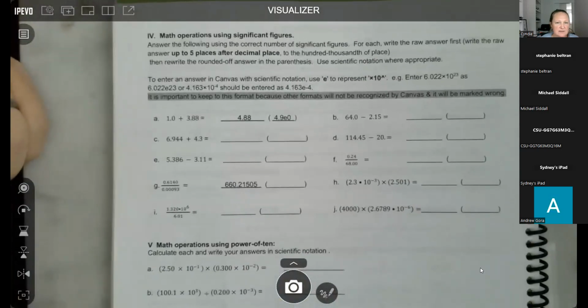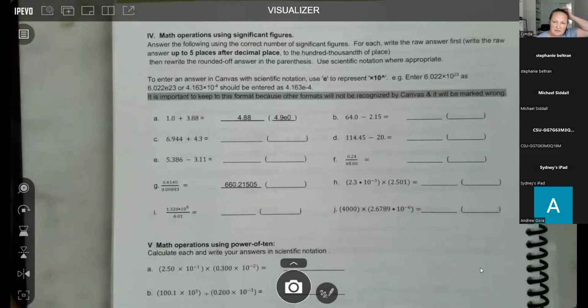Okay, so for this one, I think this one is a little confusing. Writing the number up to 5 decimal places, directions, I think definitely students can get confused here. But what I want you to do is get your calculator.